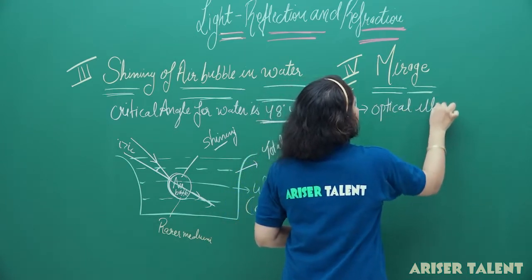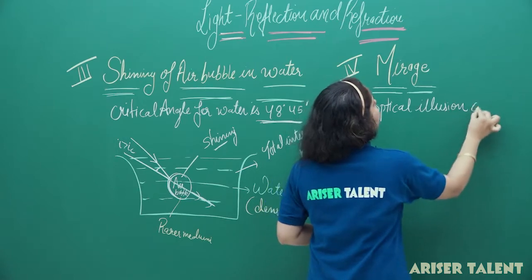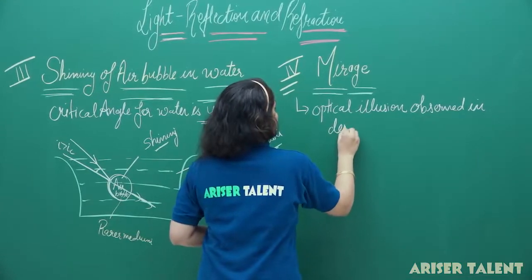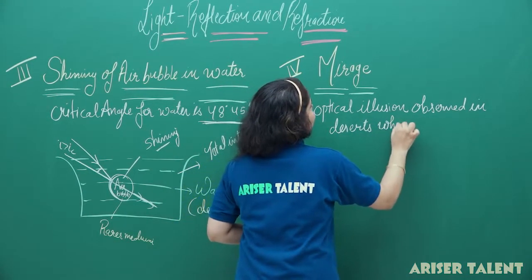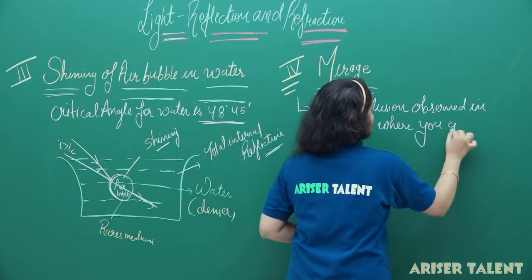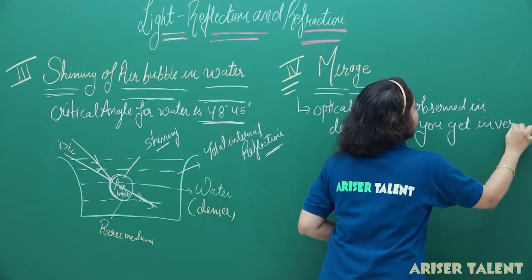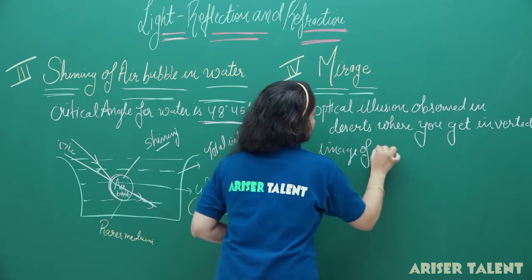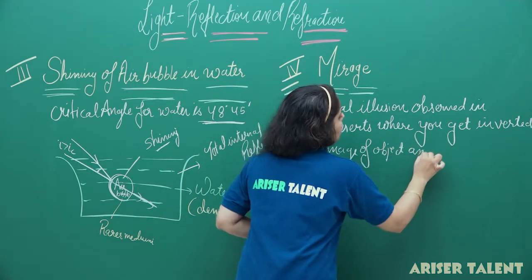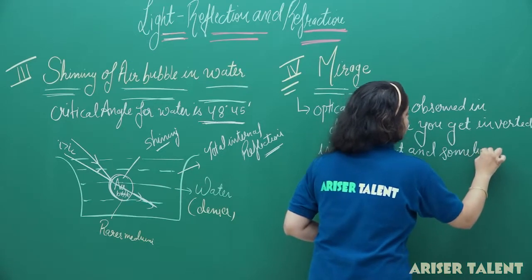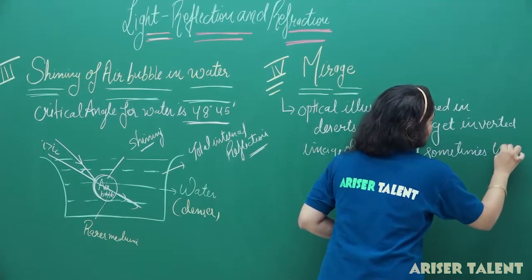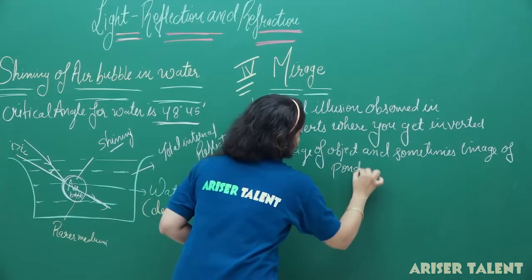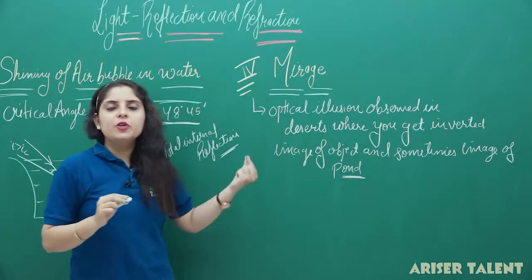It is an optical illusion observed in deserts, where you get an inverted image of an object, and sometimes the image of a pond just because of clouds.